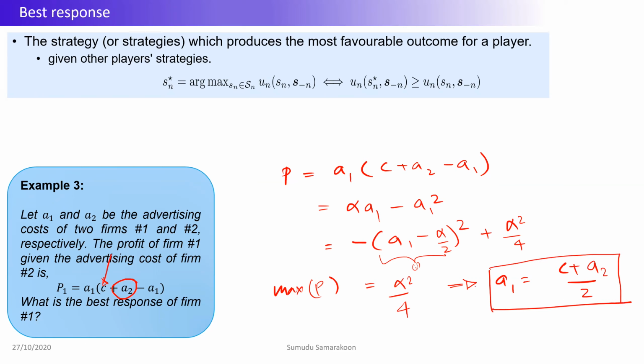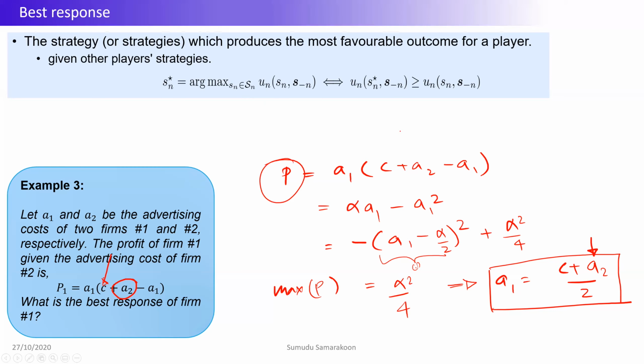This says if firm 1 knows the advertising cost of firm 2, this would be the best value he has to spend on advertising to maximize his profit.